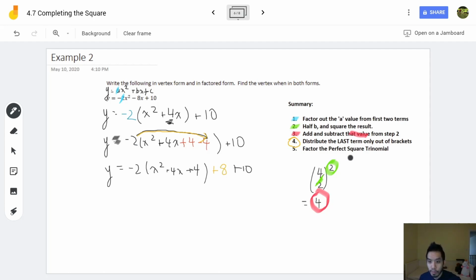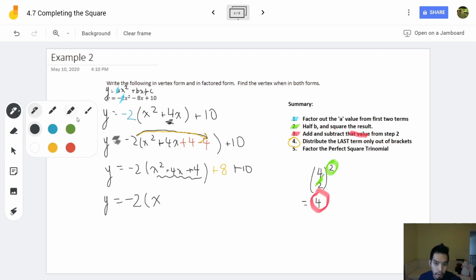And then the next step is to factor out that perfect square trinomial. So which is this part, -2. Two numbers that multiply to +4 and add to 4 are going to be plus 2 and 2. So x plus 2, x plus 2.